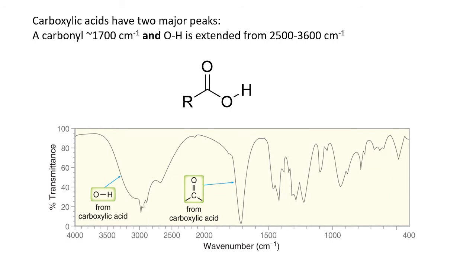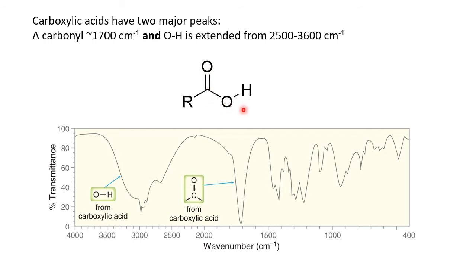So we saw in the previous slide that carbonyls and OHs give very strong distinctive peaks. Now if we take a look at carboxylic acids, a carboxylic acid contains a carbonyl as well as an OH bond. So we're actually going to see two peaks representing these two different types of bonds.